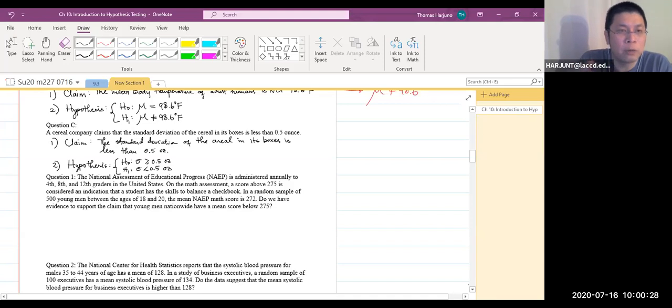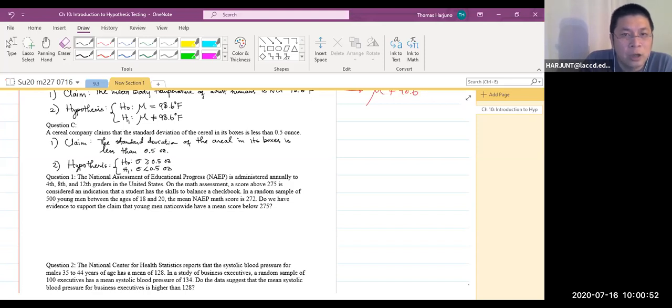Now, the actual problem may be longer, like question 1. The NAEP is administered annually to 4th, 8th, and 12th graders in the United States. On the math assessment, a score above 275 is considered an indication that the student has the skills to balance a checkbook.